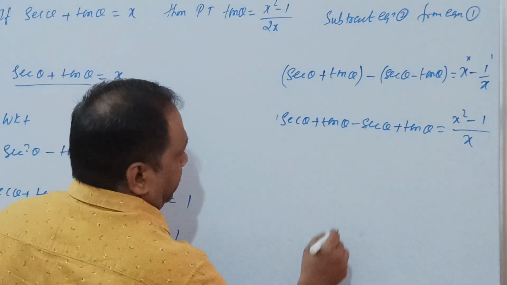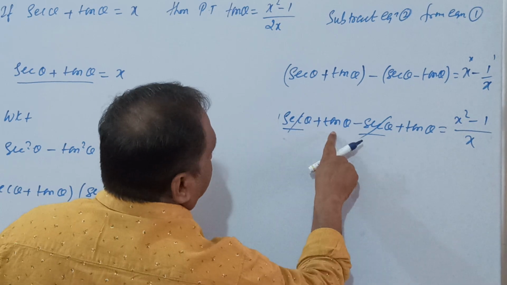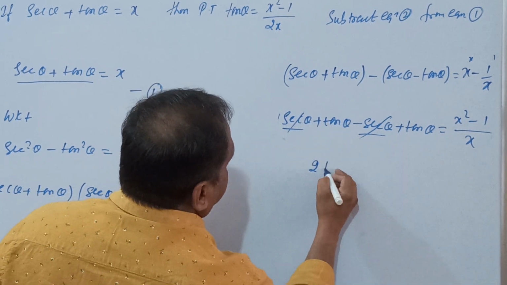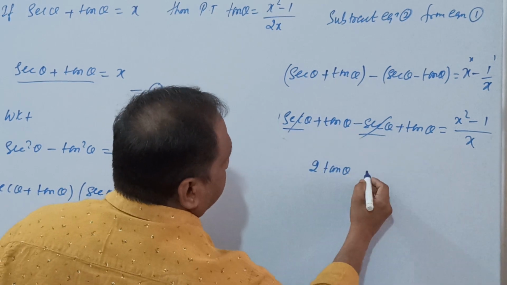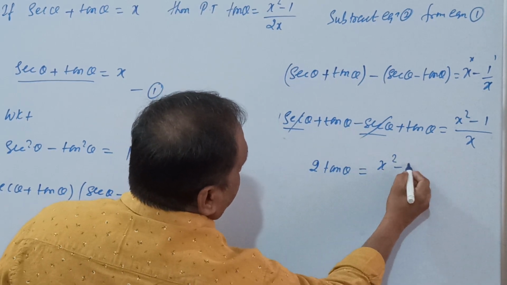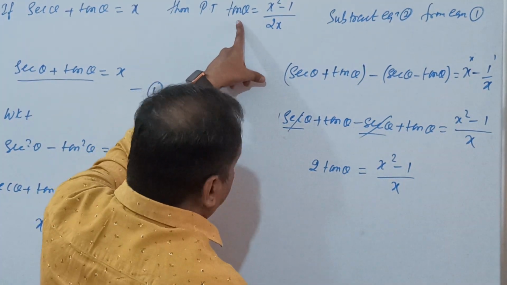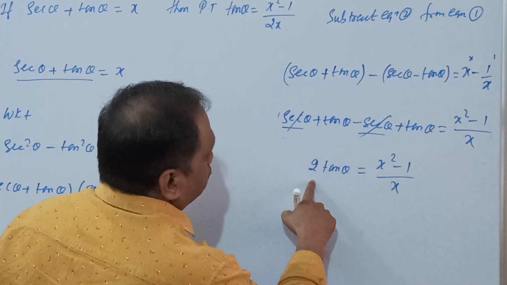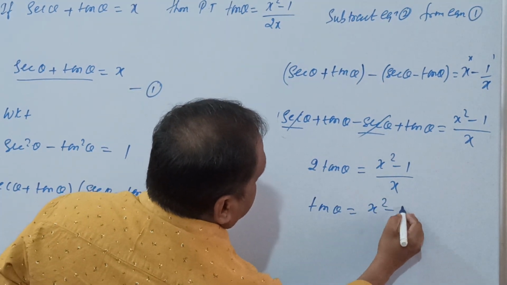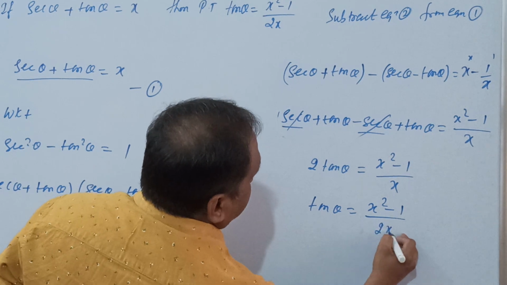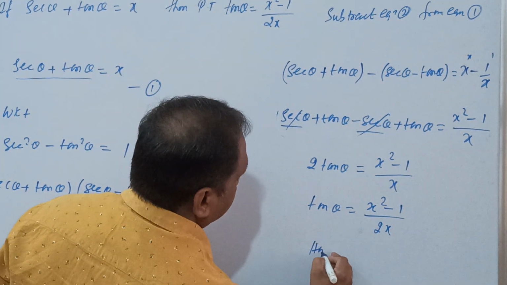So here sec theta and minus sec theta both get cancelled. Tan theta plus tan theta becomes 2 tan theta, that is x square minus 1 divided by x. If you transpose that side, that is x square minus 1 divided by 2x. So this is the required result, hence proved.